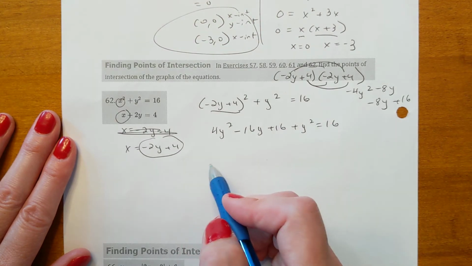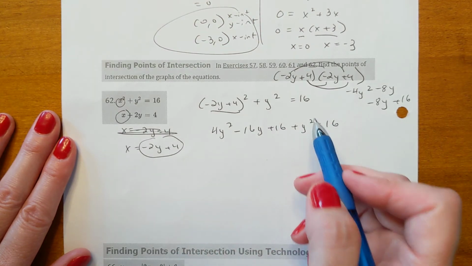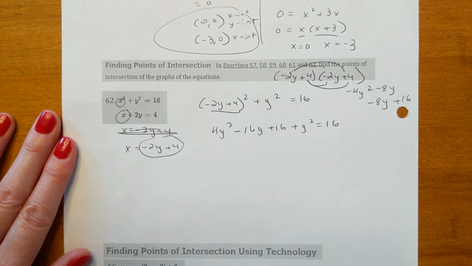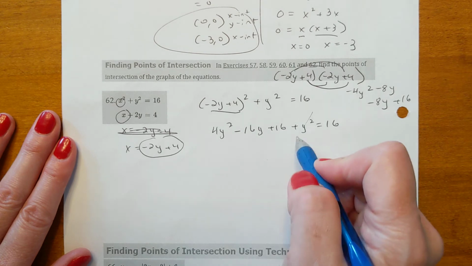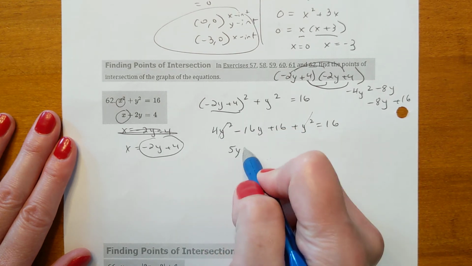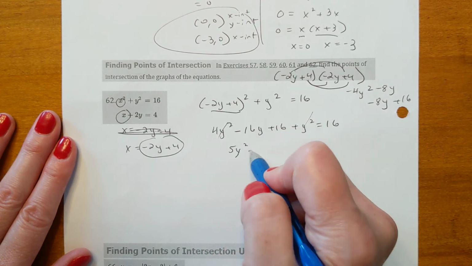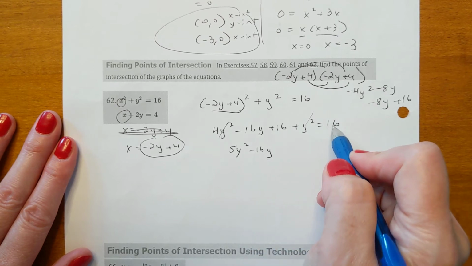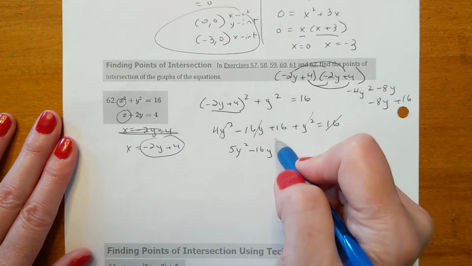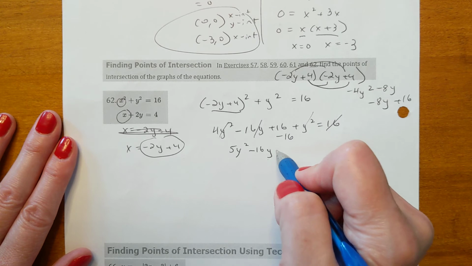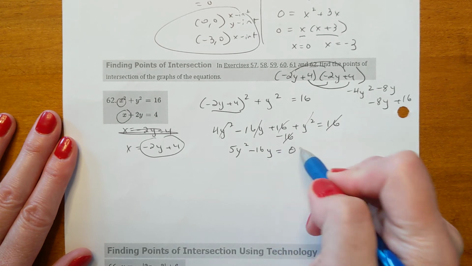So moving everything to one side because it's squared. When you've got a quadratic equation, you want to move everything to one side and make the other side 0. So we got 4 plus 1 is 5y squared on the left. And then we got negative 16y, and moving that 16 over, it becomes negative 16, so that's just gone.